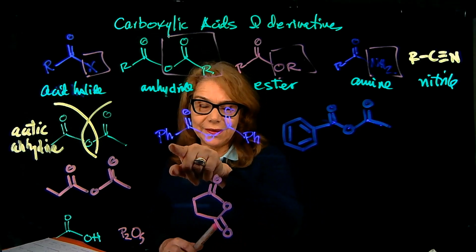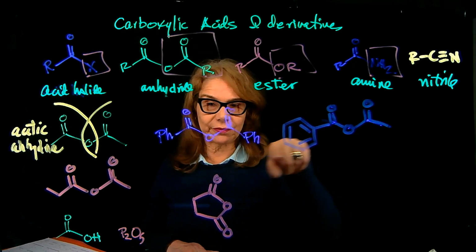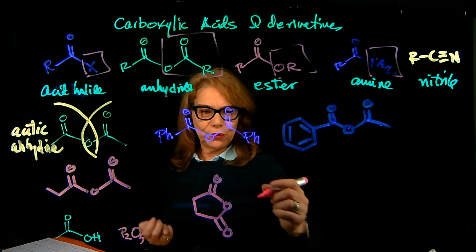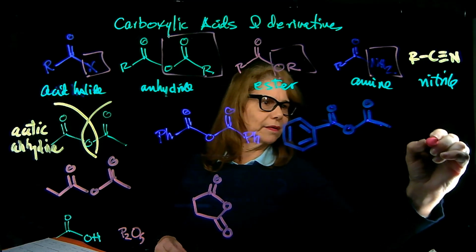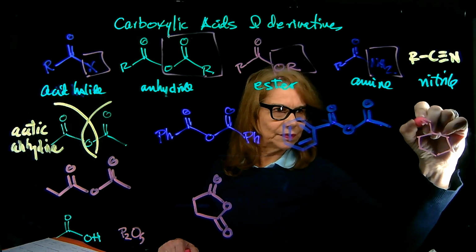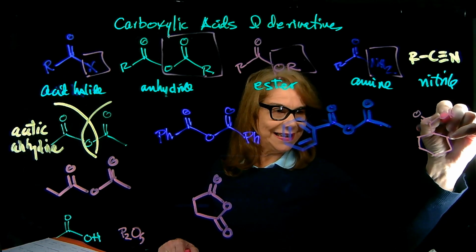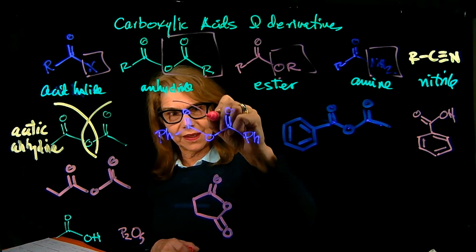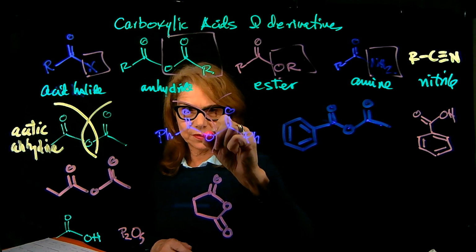Now this Ph, remember, is a phenyl ring. So this is the same as that. So if your parent acid is, let's draw it over here, that is benzoic acid. So you can say this is your benzoic acid, but it's also this.